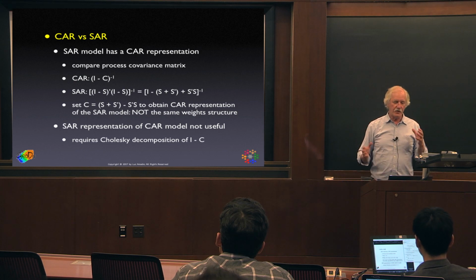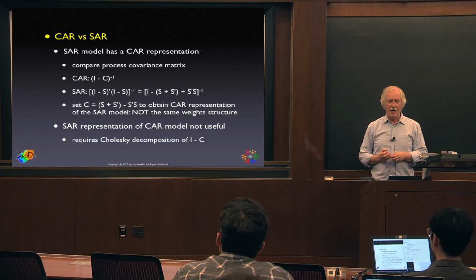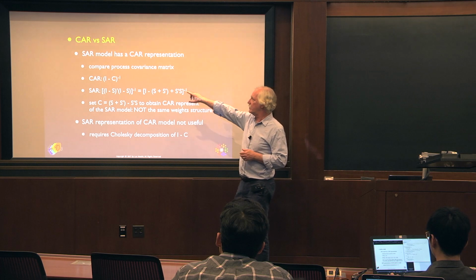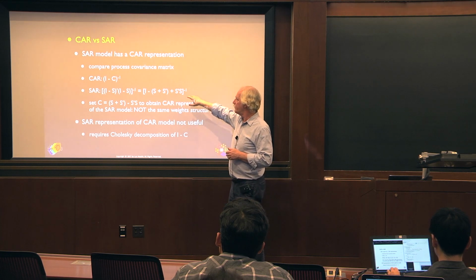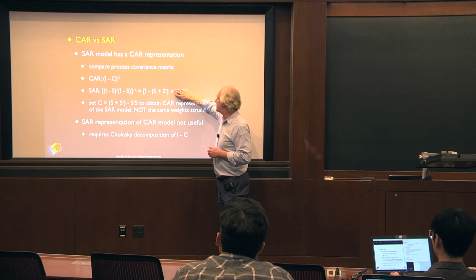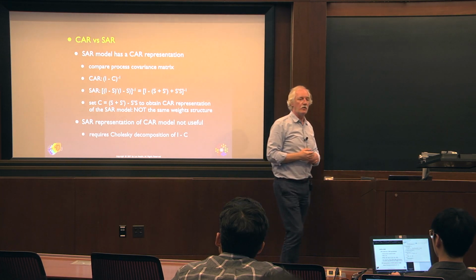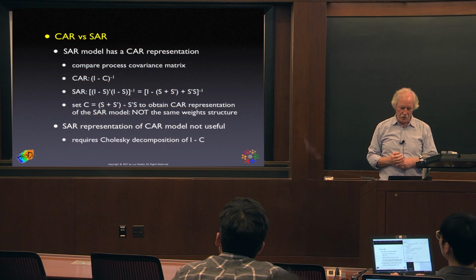So one thing is you can always represent a simultaneous model as a conditional model, because the variance of the conditional model is this, y minus, you know, we saw the rho W, or the lambda W. So for a SAR model, it's really more complicated. So if we make this part equal to C, we have a counterpart representation of the same process, but as a conditional one.